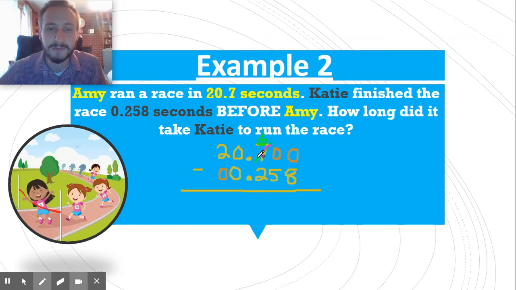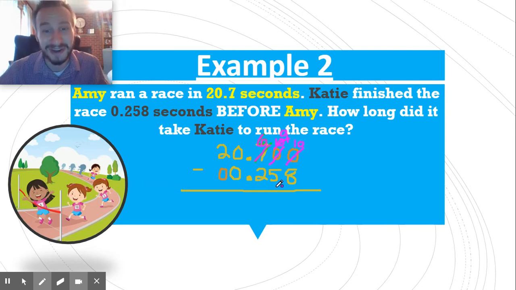Let's try purple. That's better. So this becomes a 6. Now this can become a 10. This one has something that we can take from. We still need to change this to 10 because we borrowed from this one to give us 9.